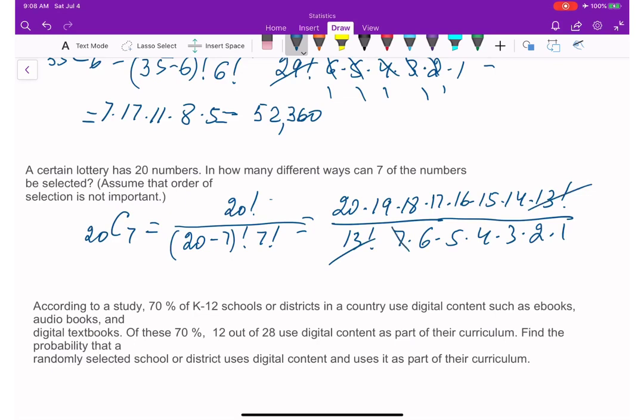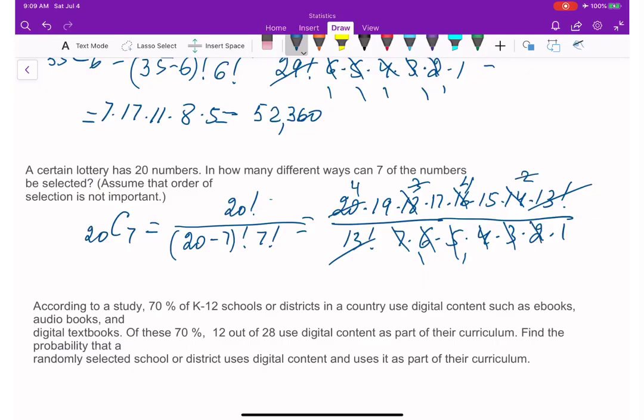7 goes with 14, it's going to be 2. 6 goes with 18, 3. 5 goes with 20, 4. 4 goes with 16, is 4. 3 cancels with this 3, and 2 cancels with these 2.